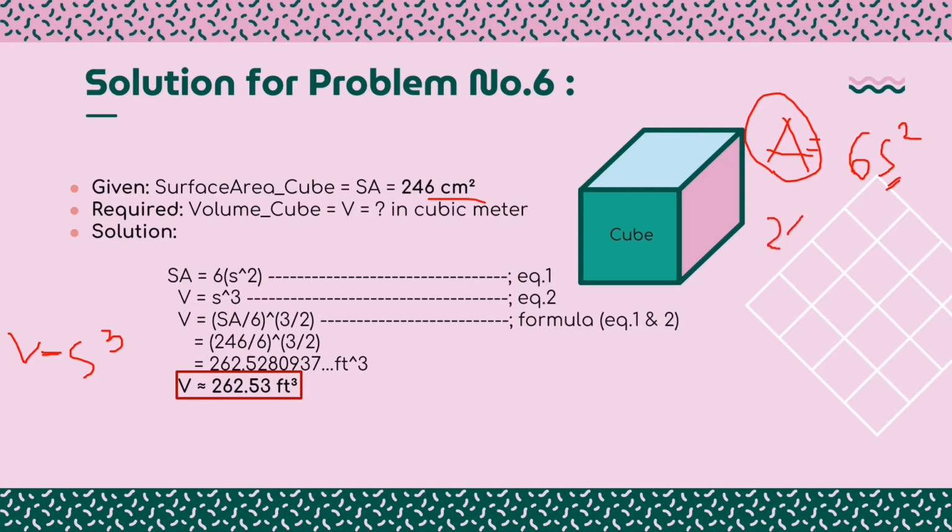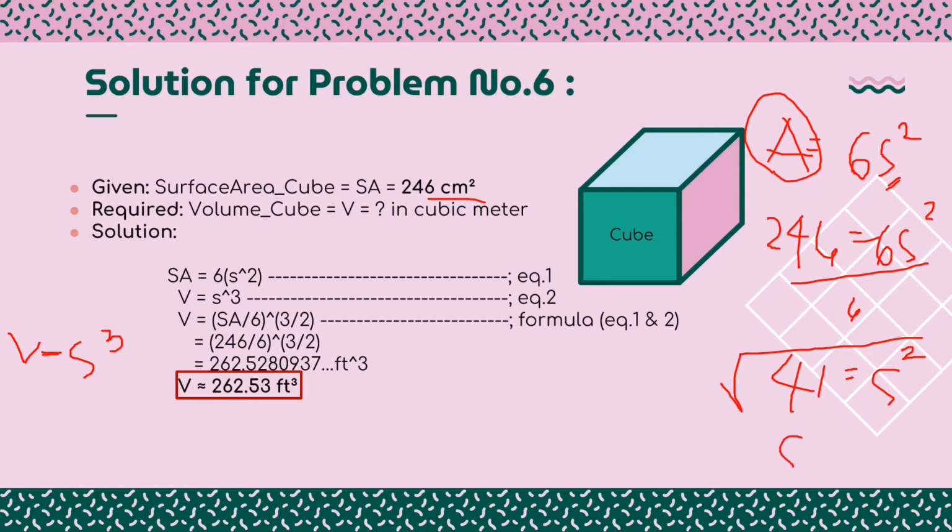Our A is 246, so s squared equals 246 over 6, which is 41. Taking the square root, s is now 6.4.